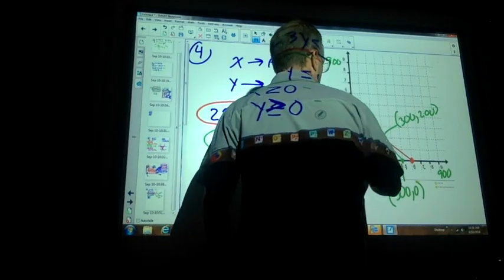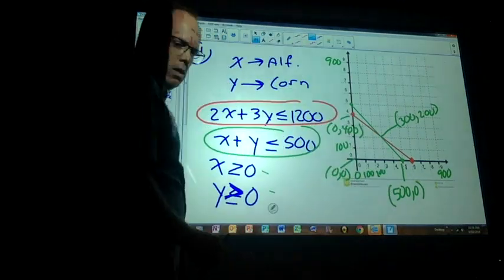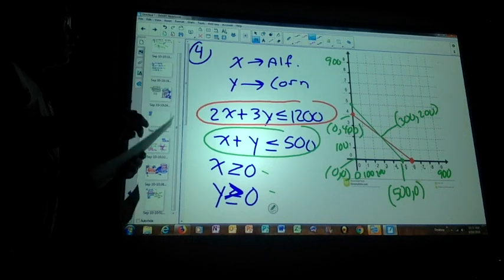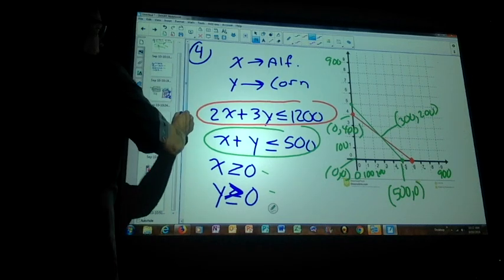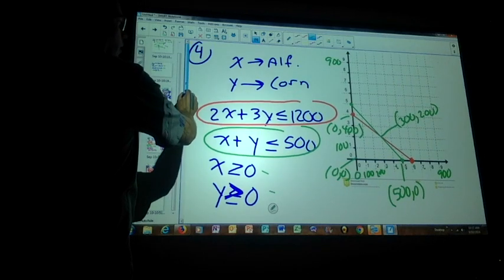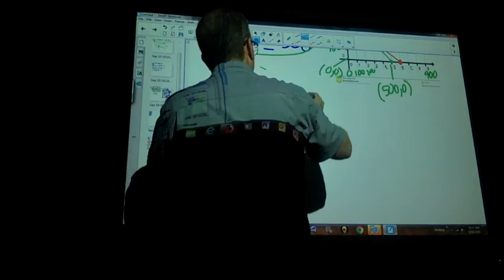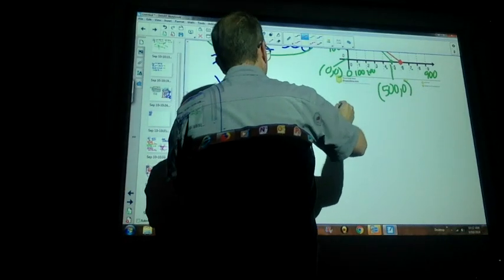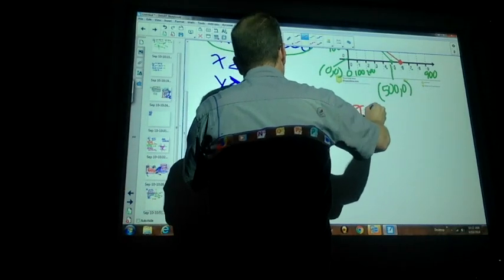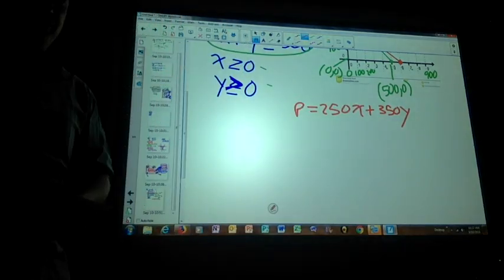And then everybody's favorite, 0, 0. I made a profit equation, didn't I? So P equals 250x plus 350y.